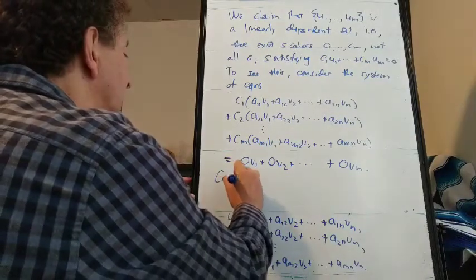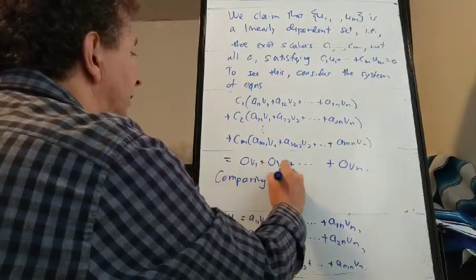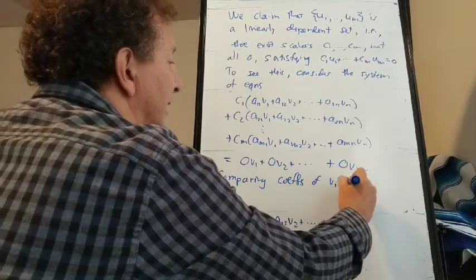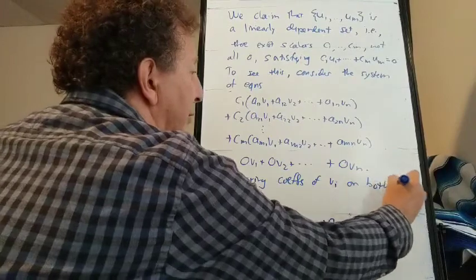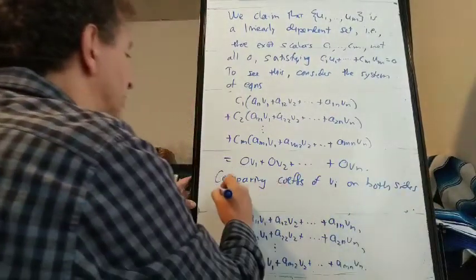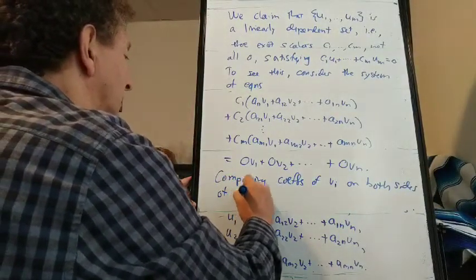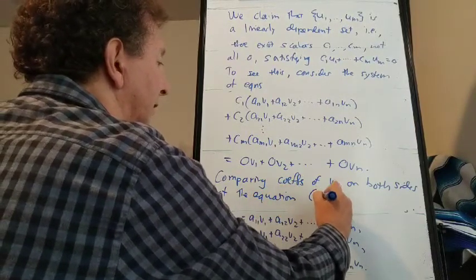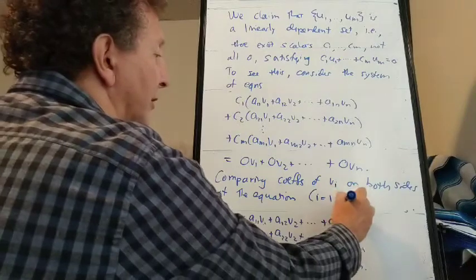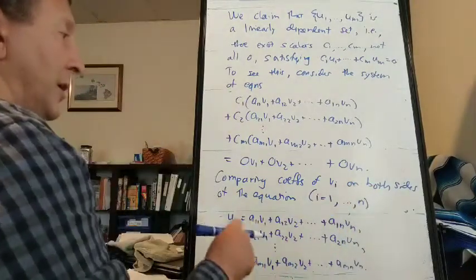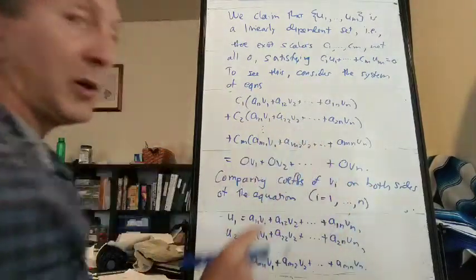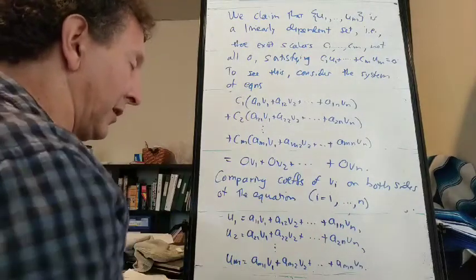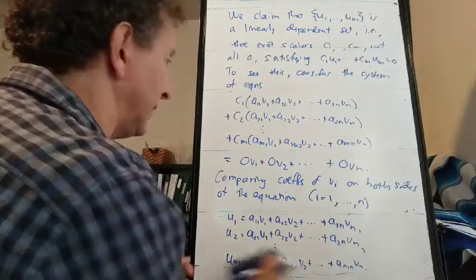Now, if we compare coefficients of vi on both sides of the equation, where i is going to be all the numbers from 1 to n, we'll compare coefficients of v1 on both sides, then coefficients of v2, all the way up to comparing coefficients of vn on both sides.